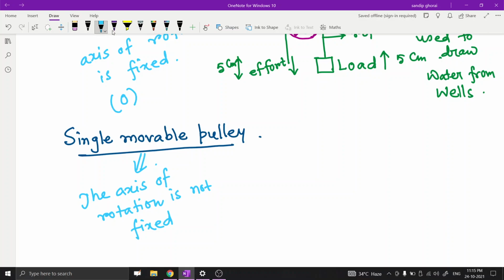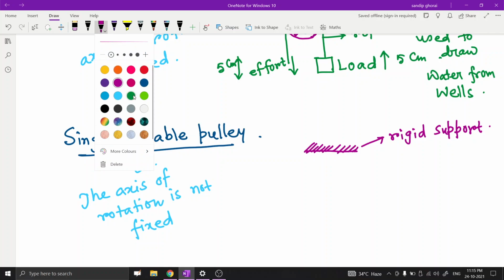Now we draw a diagram of a single movable pulley. At first we take a rigid support. This is your rigid support, and we take a rope like that.